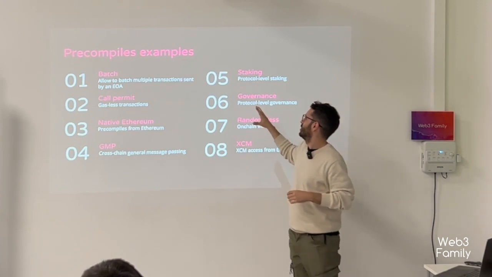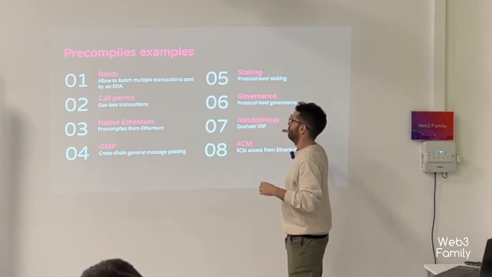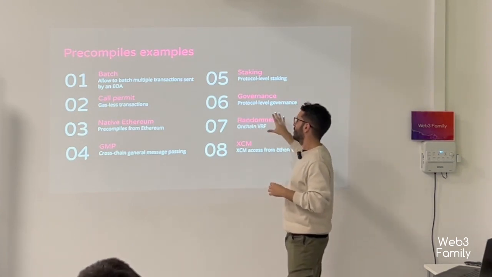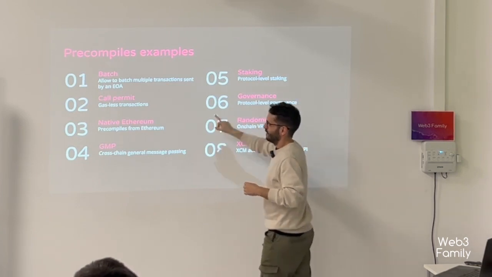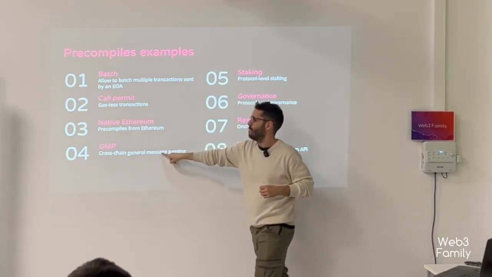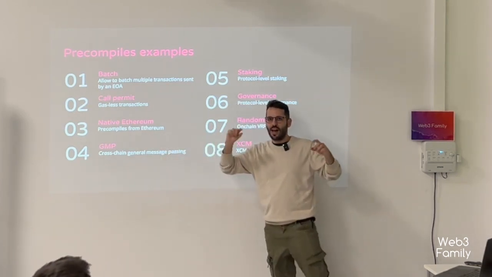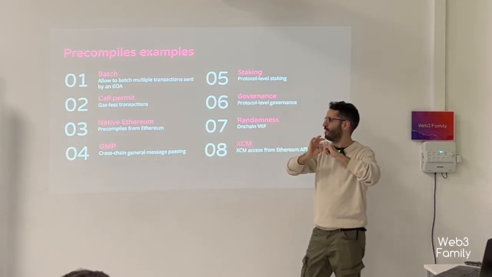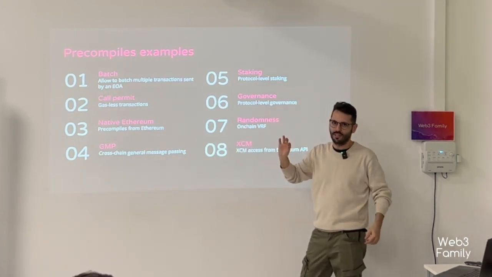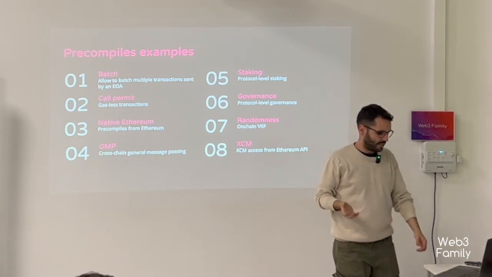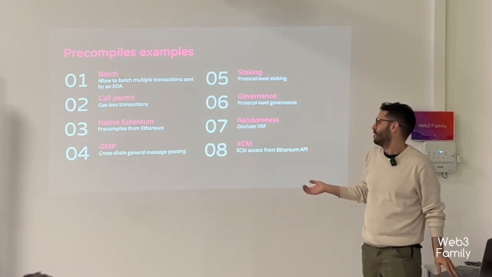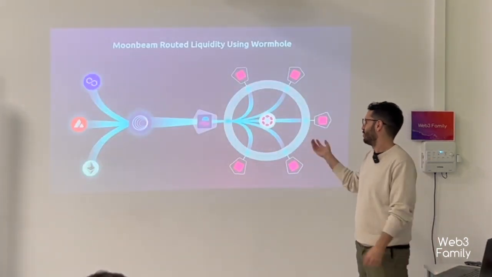But this is very deep, very technical, and the important one is this one. Moonbeam has a precompile, a predefined function, to do cross-chain messaging. And why is this important?